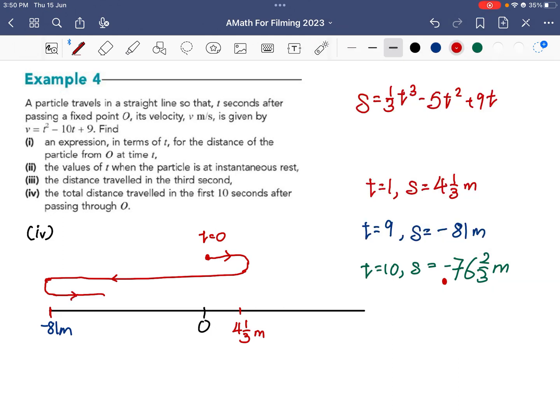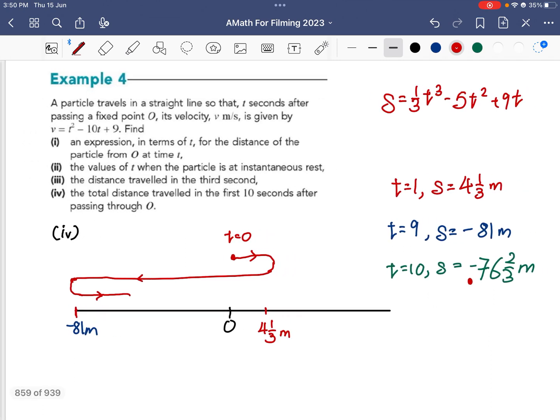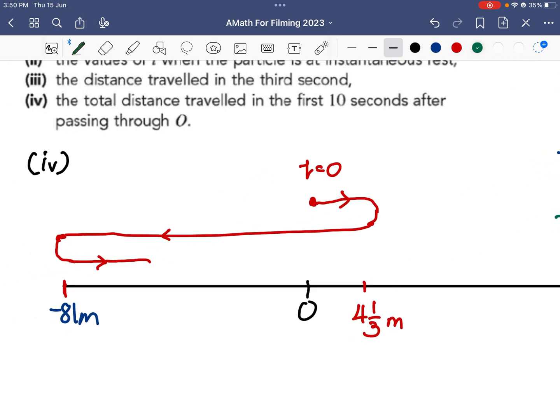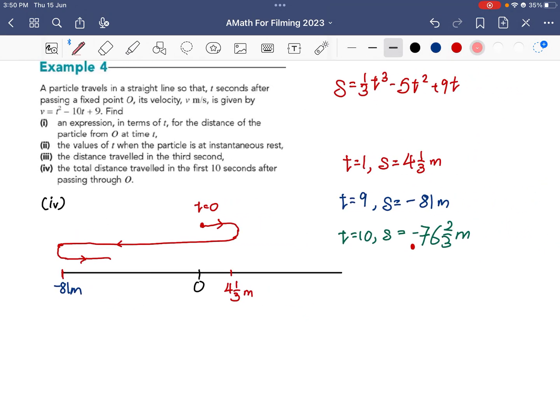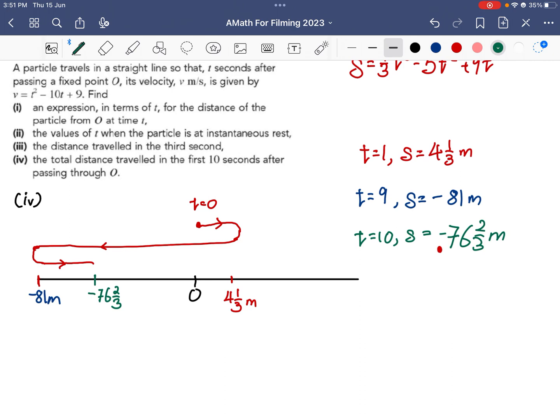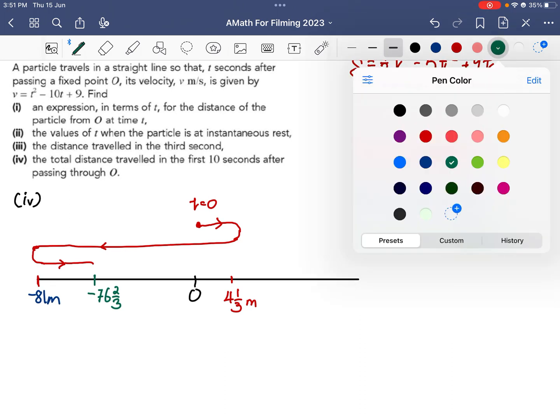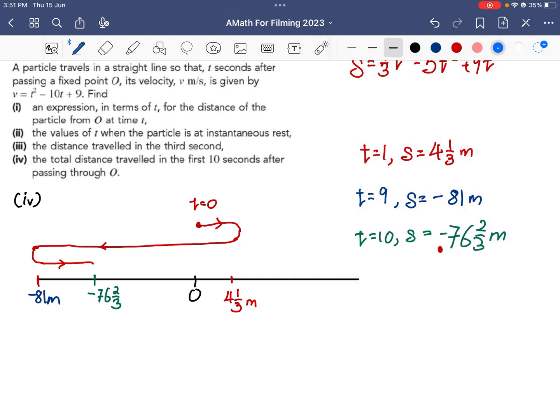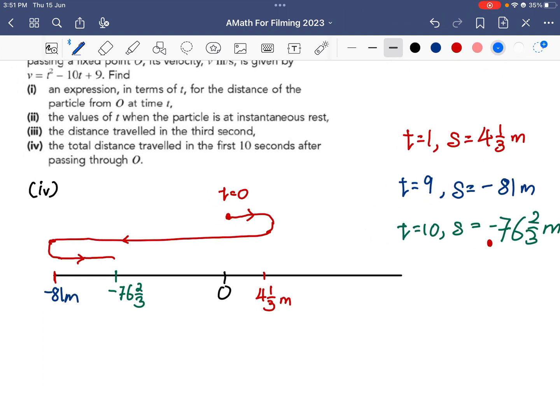So here is where the confusion will lie. If you just focus a bit here, let me try to use a different color. What I calculated was the displacement is negative 76 and 2/3. So where is this negative 76 and 2/3? Negative 76 and 2/3 is here. The distance here is a bit more difficult to calculate.